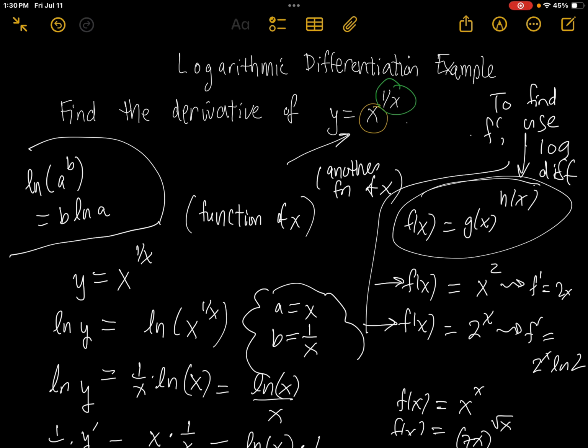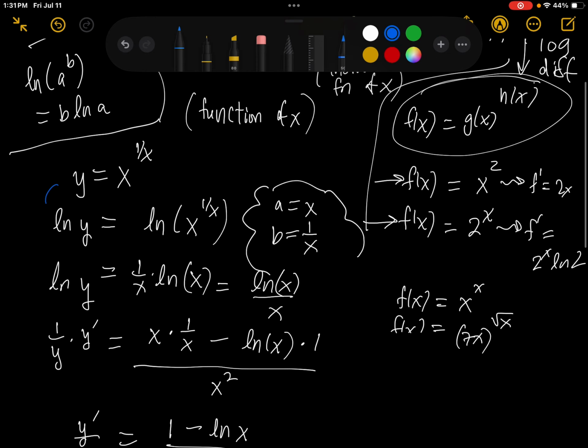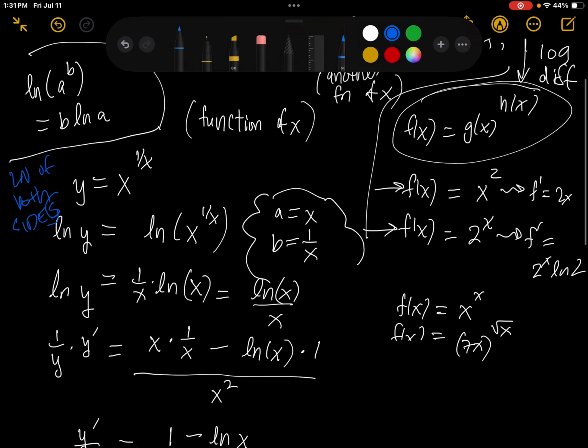And what is logarithmic differentiation? Let's summarize the steps. So the first step is to take the natural log of both sides. Then you bring the exponent down. So use that property of the natural logs, which is up here.